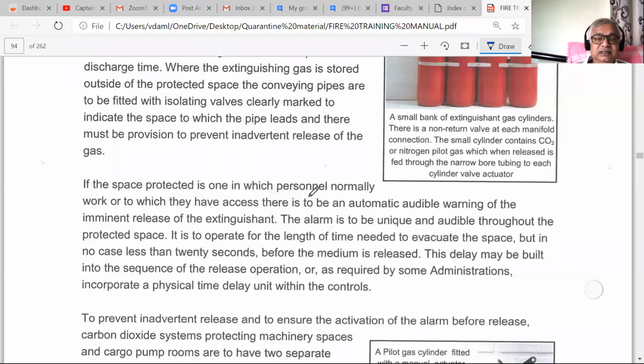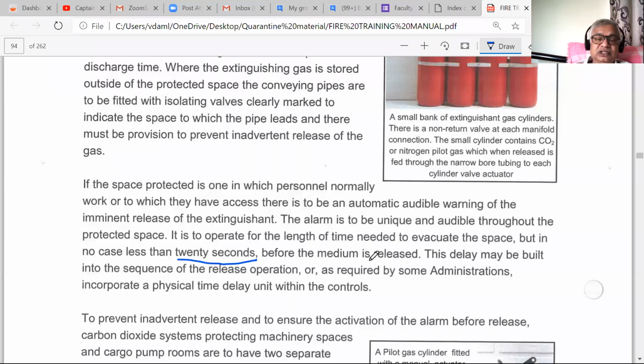It is unique. Now, how much time must the alarm sound? Not less than 20 seconds. Why? Because a person has to get out of that compartment. When you hear the CO2 alarm, you don't think of anything else, just run out of the compartment. That's the only thing you do.